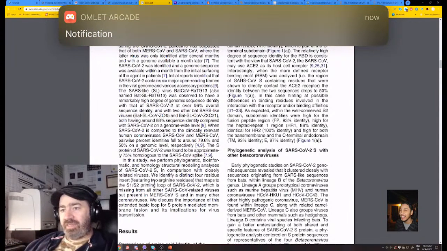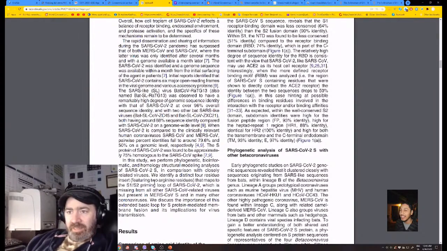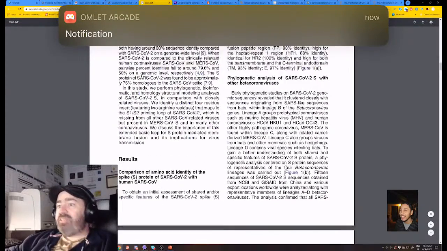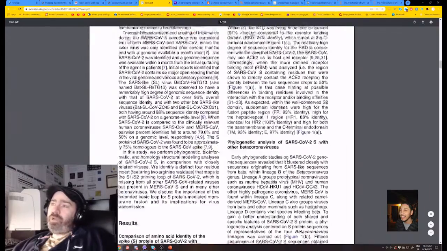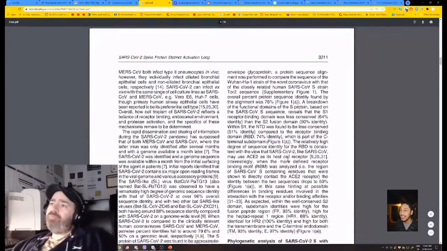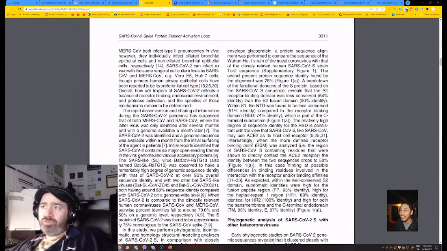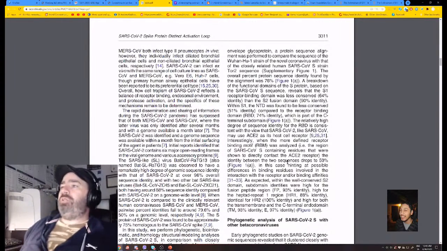We discussed the importance of this extended basic loop for S protein mediated membrane fusion and its implication for virus transmission. To obtain an initial assessment of shared and/or specific features of SARS-CoV-2 spike S envelope glycoproteins, protein sequence alignment was performed to compare the sequence of the Wuhan Hu1 strain, the novel coronavirus, with that of closely related human SARS-CoV strain.